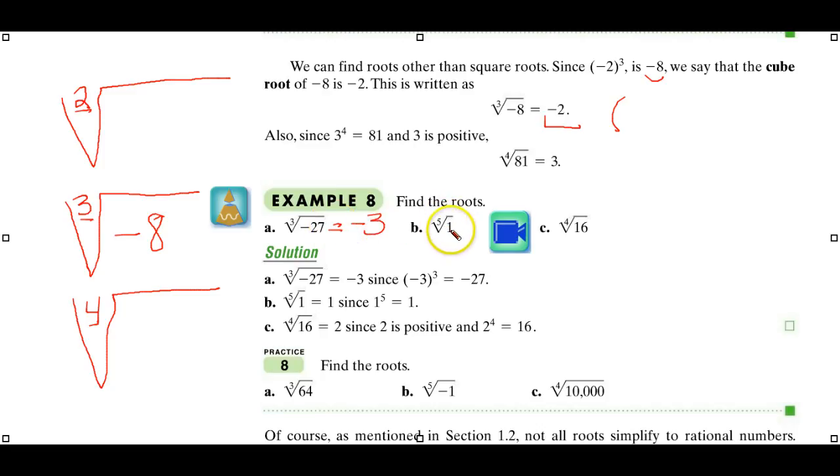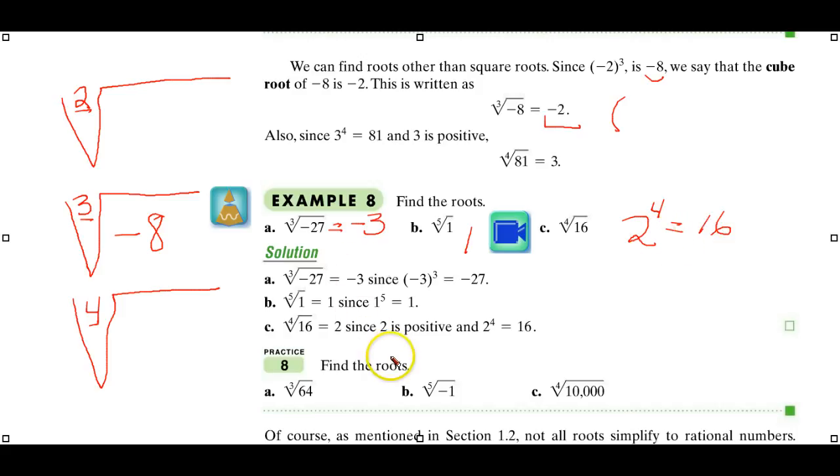Now the fifth root of 1, this is an easy one, the fifth root or any root of 1 is 1. And the fourth root of 16, and you may have to play around with this, is 2, because 2 to the fourth is 16.